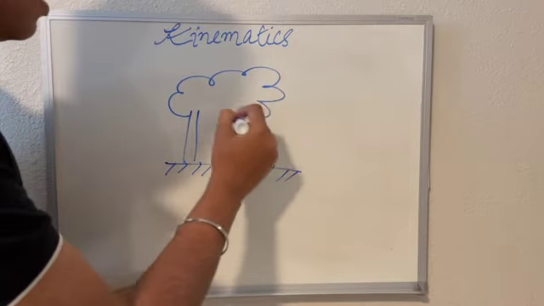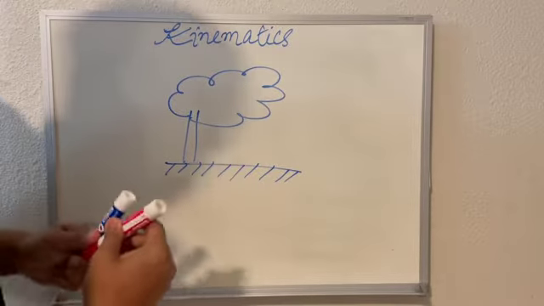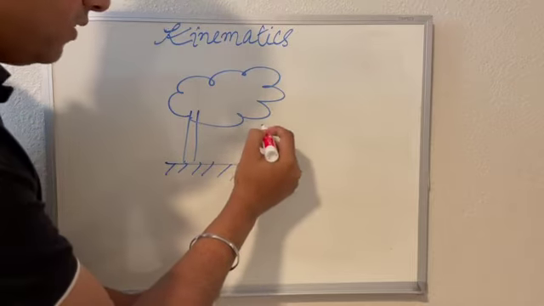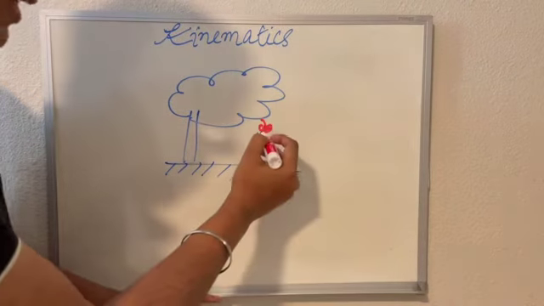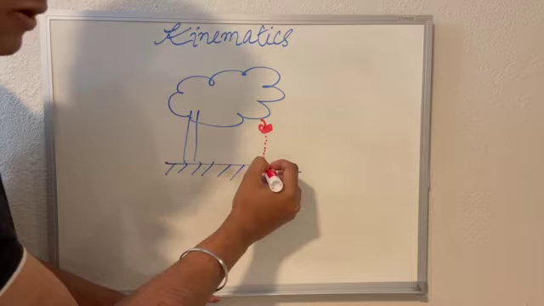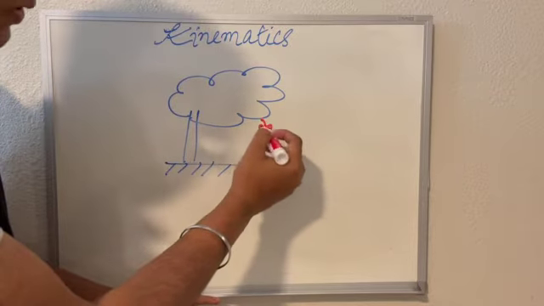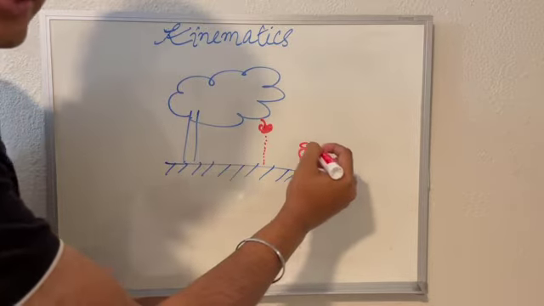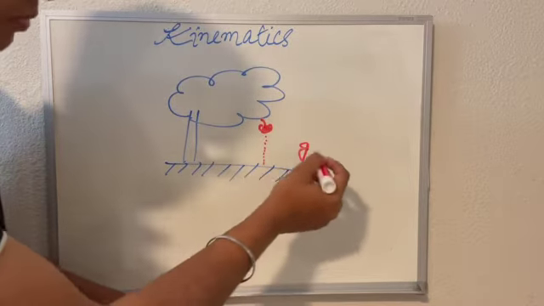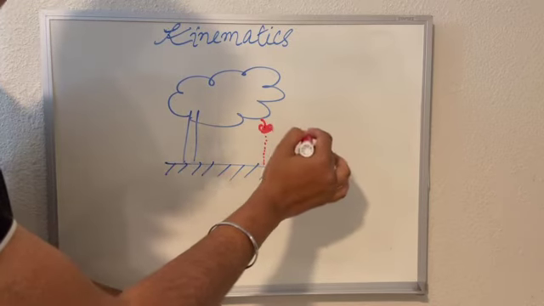So let me give you an example here, and I'll bring in the famous apple. So when the apple falls on the ground, the acceleration with which the apple falls is g, that is gravity. The gravity pulls the apple down with the acceleration of g.